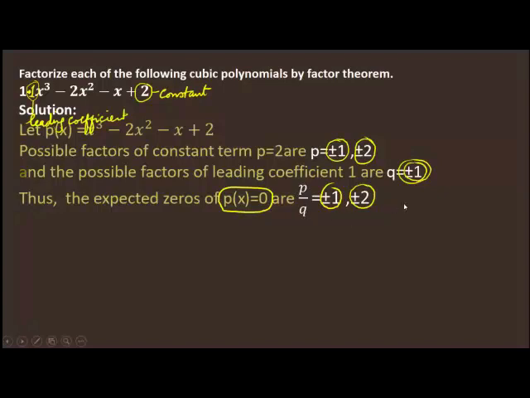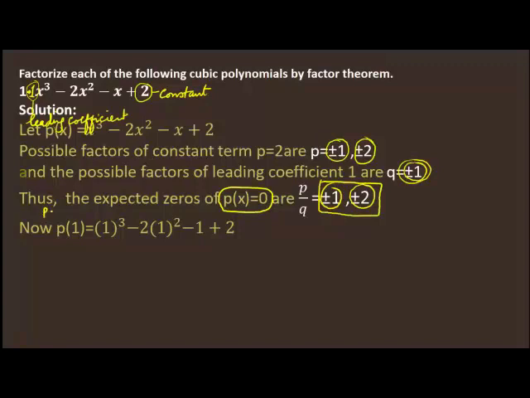We will substitute these values in the given polynomial one by one, and we will find where p of x is 0, right? First, we will substitute plus 1.